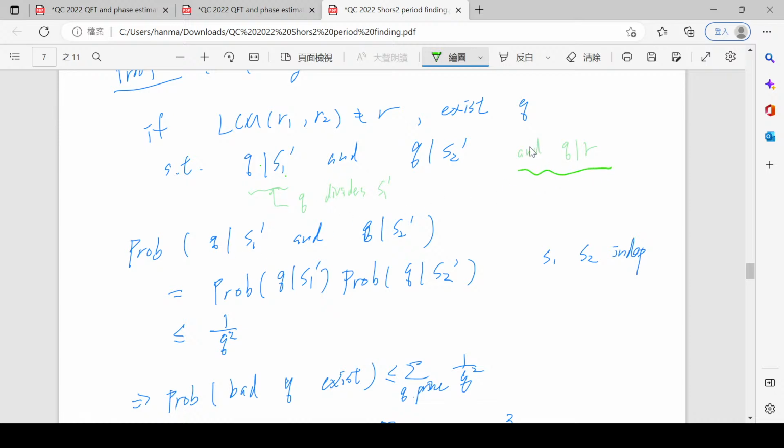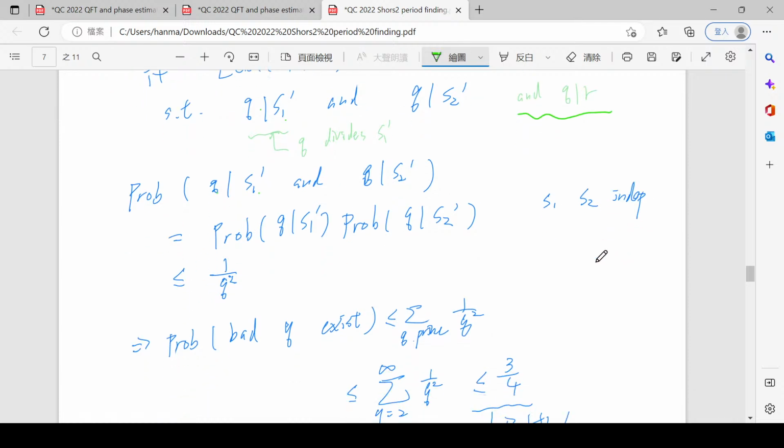We are looking through all the prime factors of R. So given this, what's the probability that Q is a factor of S1 prime and Q is also a factor of S2 prime? Well, S1 prime and S2 prime are chosen uniformly and independently. So this probability times this probability, basically by independence. But what's the probability that each of these happens?